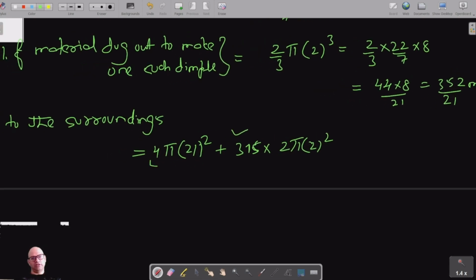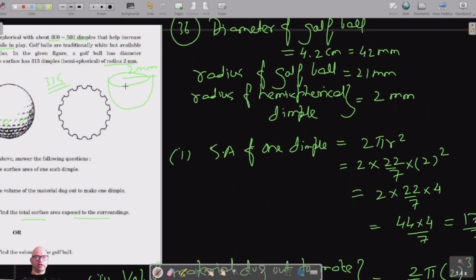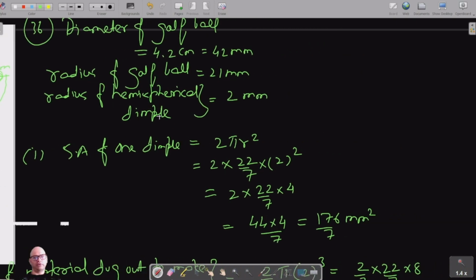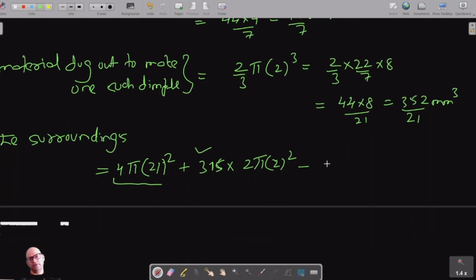But as we included the total surface area of the ball, it also included the top circular region of the hemisphere, which has to be excluded because these dimples are dug out. So we have to minus the top circular region of the 315 hemispherical dimples, which is the area of a circle for the 315 hemispherical dimples.